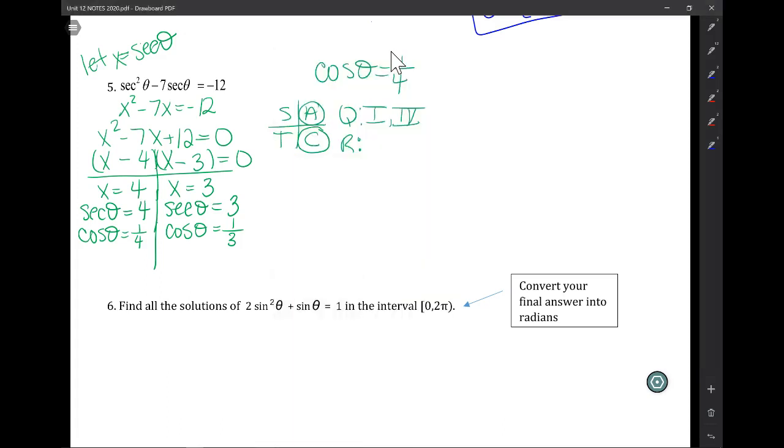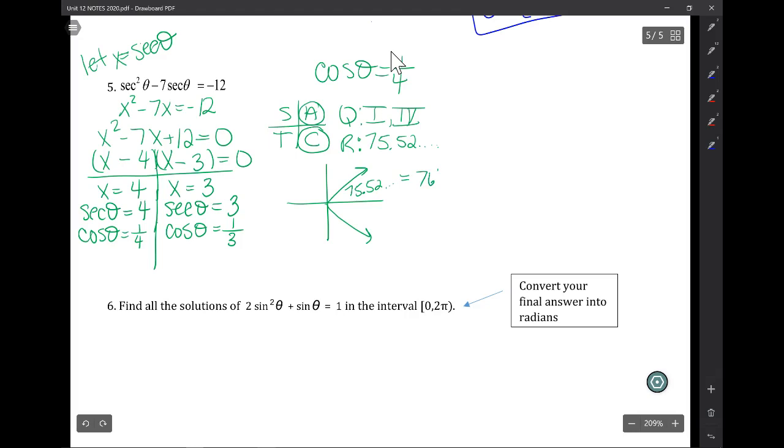So 75.52... I need those answers to be in quadrant 1 and quadrant 4. Well, in quadrant 1, if I'm rounding to the nearest degree, 75.52... would round to 76 degrees. So that's one of my answers.